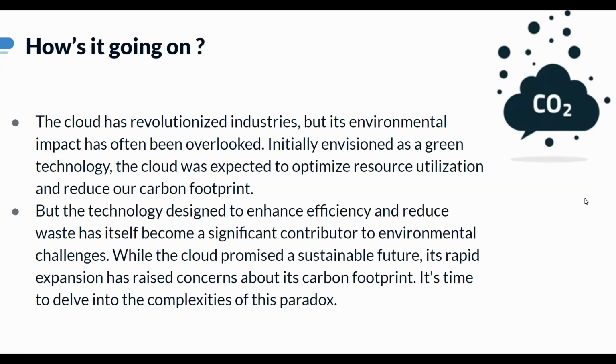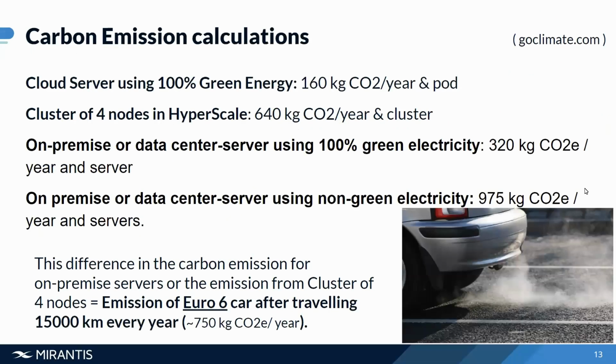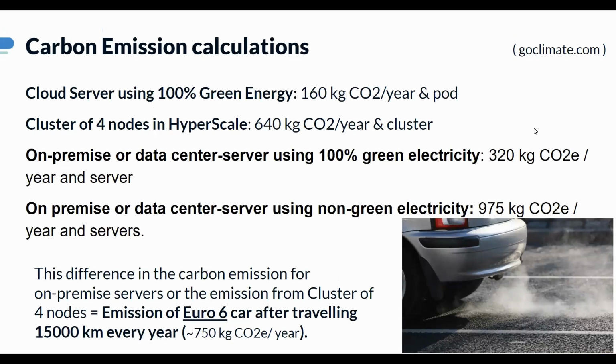So here are the whole calculations from goclimate.com. If you want to look into this report more, you can search for the Google carbon emission calculations. The cloud servers that are using 100% green energy produce 160 kg of CO2 per year per pod.